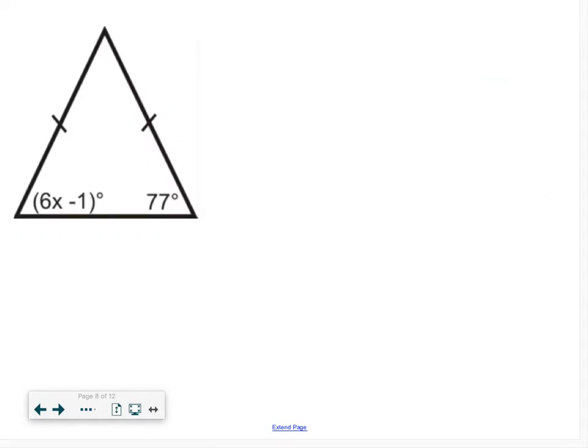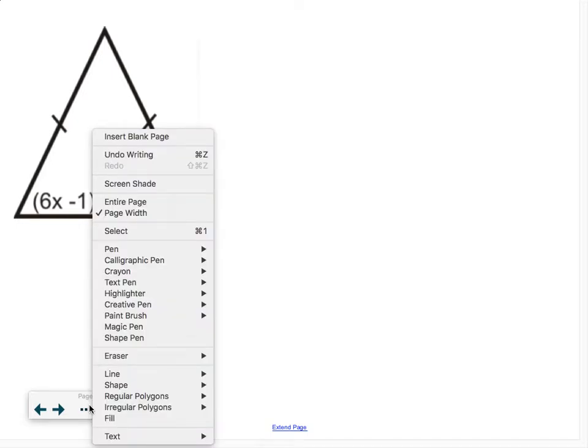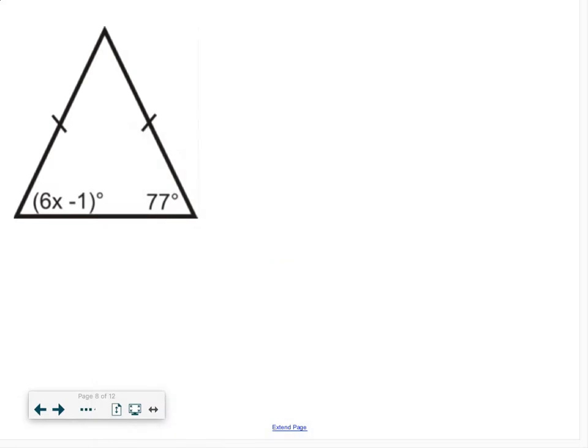So let's take a look at this first problem here. If I need to figure out what x is, we can verify right away that this is an isosceles triangle. The reason being, I've got two sides in a triangle equal. Well, that helps me, so this is the vertex angle. What are my two base angles then? Mark them up right away, and I should mark those angles equal.